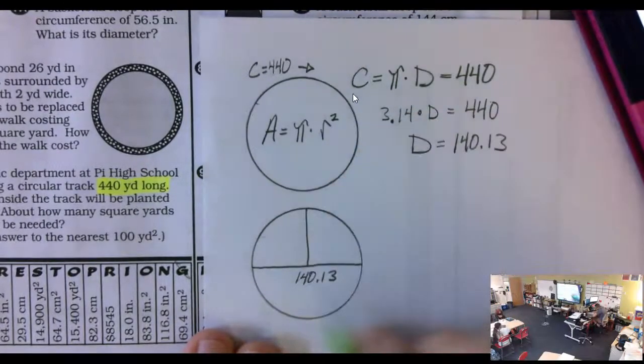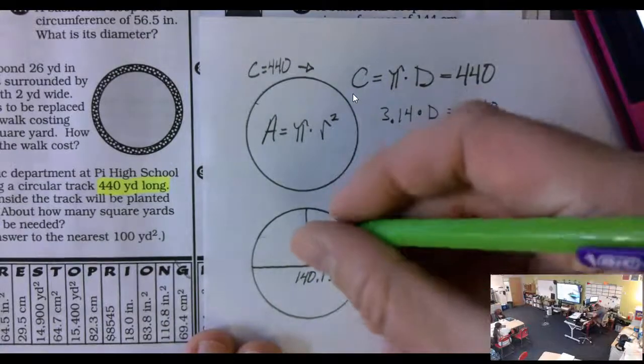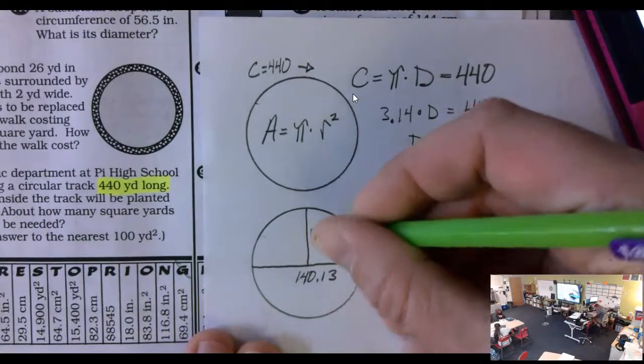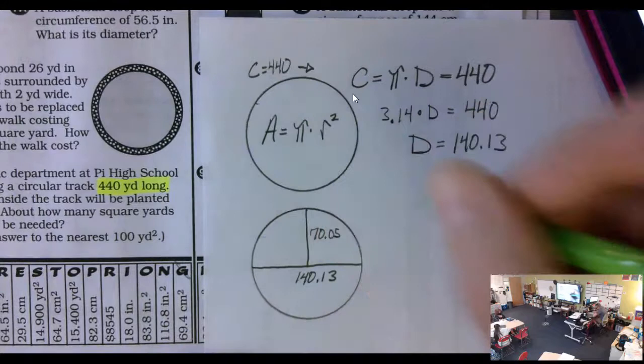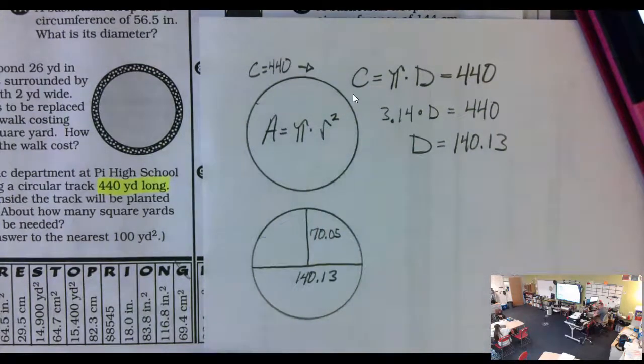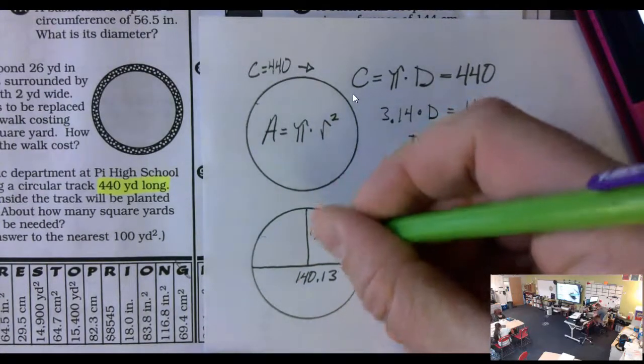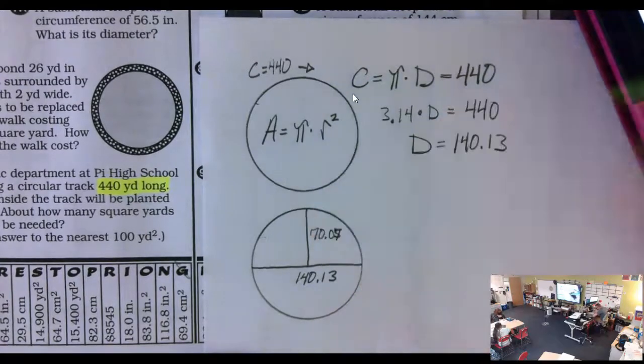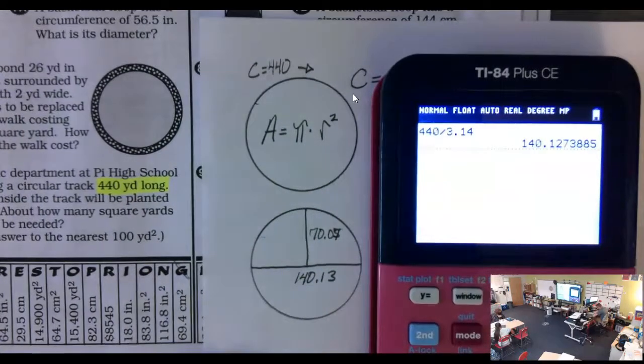The radius is halfway across. So that's going to be like 70-ish. I don't know, like 70.05 if I really round it. It's probably more like 70.06, 70.07-ish. Or I could just hit divide by 2 in my calculator. Oh, there we go. 70.06.